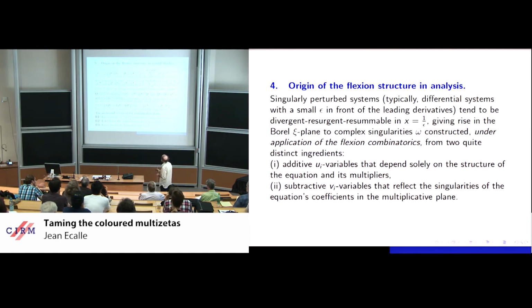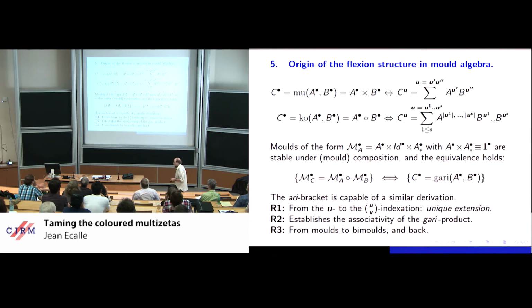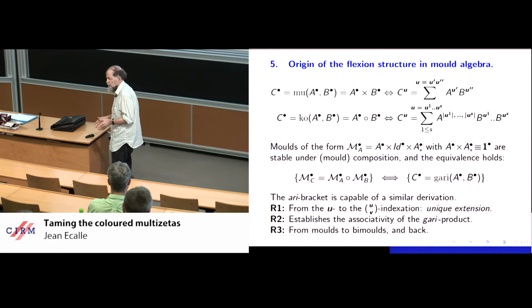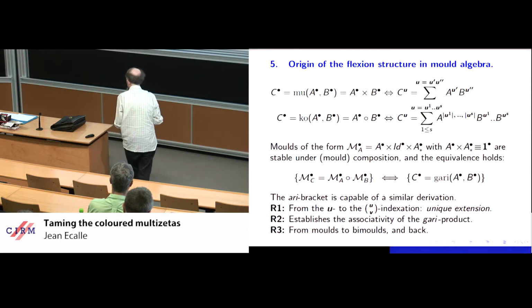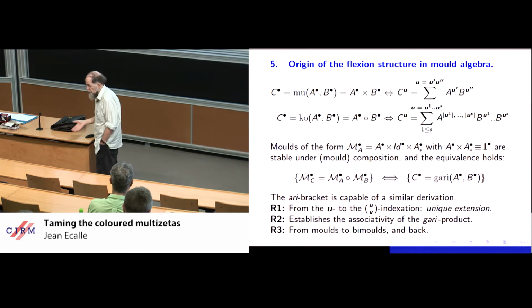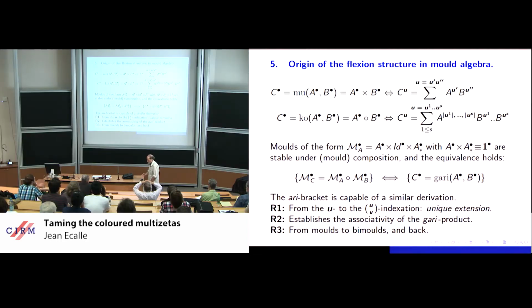But there is another origin, purely in mould algebra. In mould algebra, without any flexions and with only one sequence of indices, there are two basic operations, multiplication and, of course, composition.